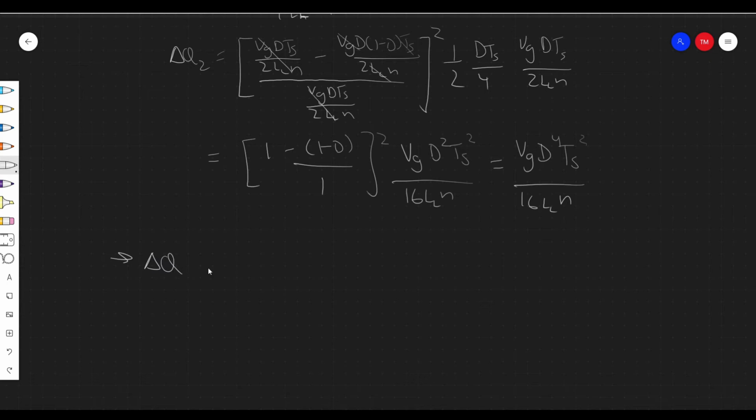And then finally, to find the total delta Q, it's simply delta Q1 plus delta Q2. So this is equal to Vg d squared Ts squared times 1 minus d all over 4 L Ln, plus this piece, the second piece.